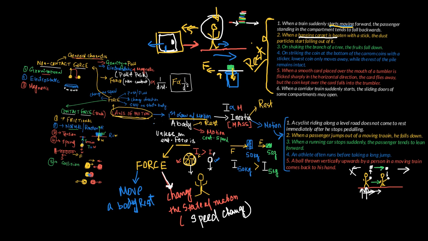Then you discussed the definition of the first law of motion. Then you discussed inertia of rest and motion, and different situations in which inertia of rest and motion are applicable, with some of the examples that are important for your exams. Also, we have moved into what is force and what can force do, right? So that will be the first class.